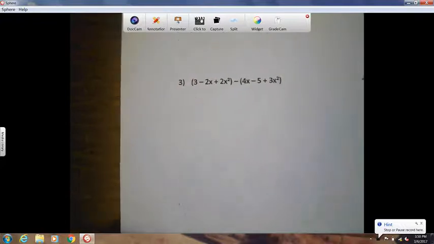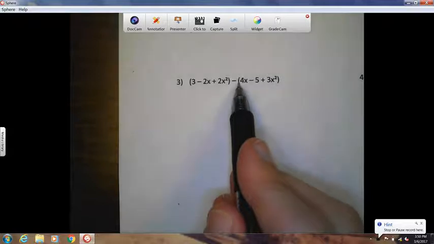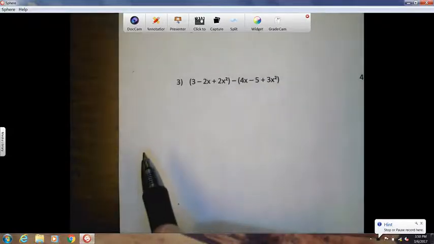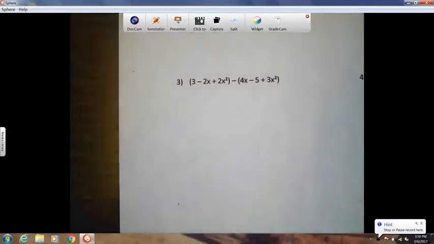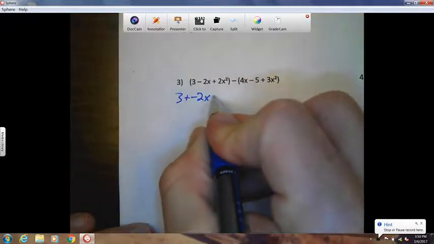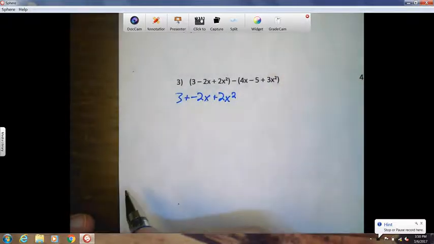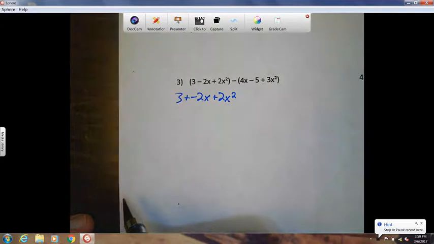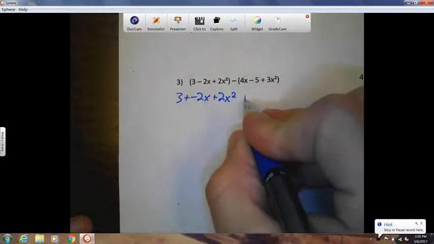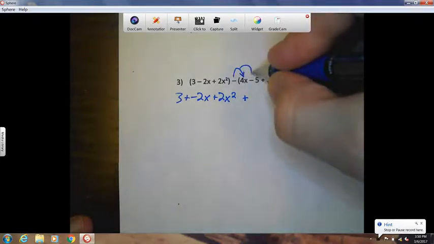Number 3 is a little bit different because I have a subtraction sign, and this is in parentheses. So be very careful when you do this. I'm going to rewrite this. Okay, so I have that part here. What you need to pay attention to, I always want to just do addition all the time. So I'm going to use addition, but because of this minus sign, I need to change the signs of everything here.